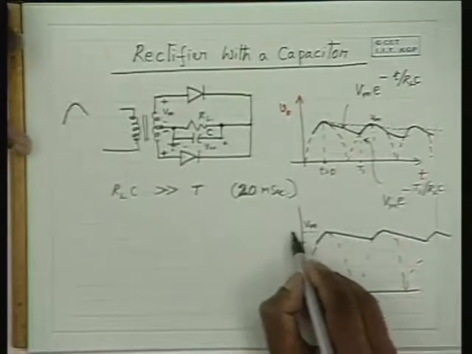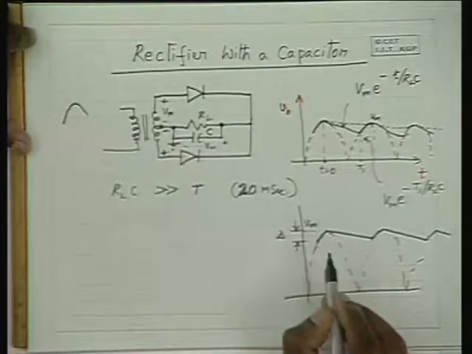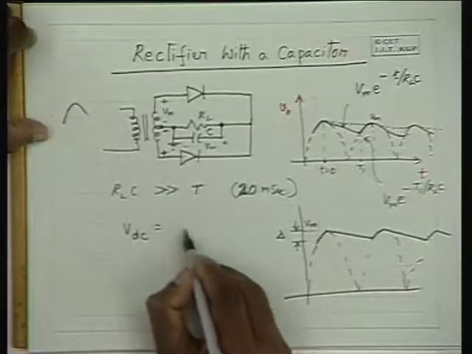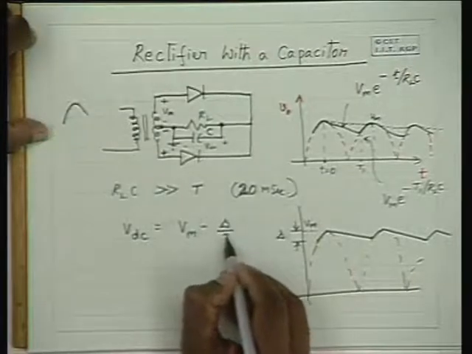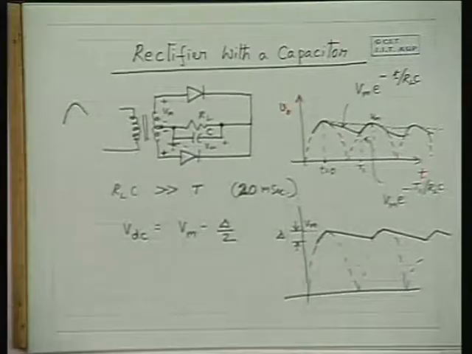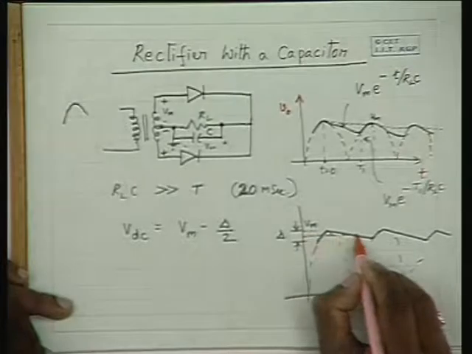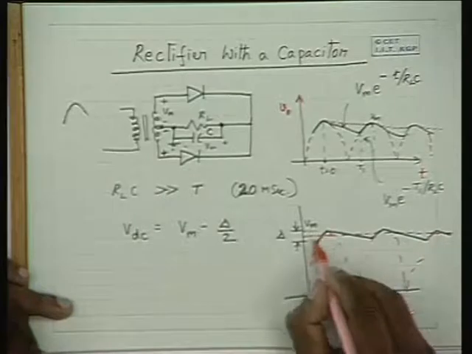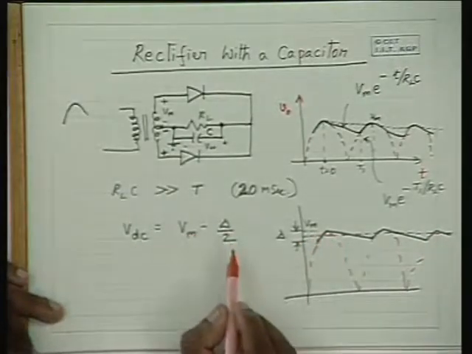Now, if the peak to peak value of this triangular waveform is delta, naturally VDC is Vm minus delta by 2. If it is a triangular waveform, the average value would fall in between these two peaks. Therefore, it is delta by 2 below Vm, hence VDC is equal to Vm minus delta by 2.